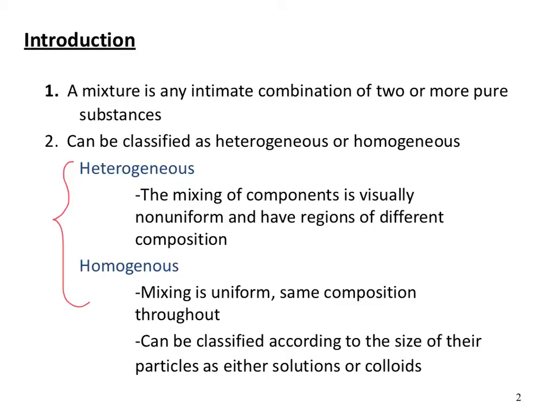On the other hand, a homogeneous mixture would be one in which the mixing is pretty uniform. So if you consider salt and water, for example, or the formation of an alloy, those are cases of a homogeneous mixture, and will be classified according to whether you have the size of particles as really small, as in the case of a solution, or slightly big, as in the case of a colloid.